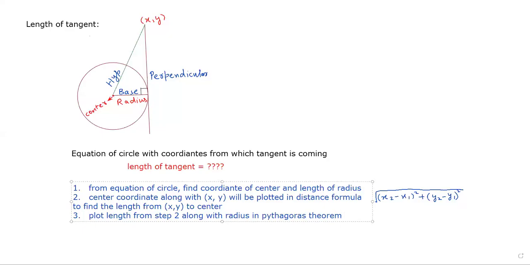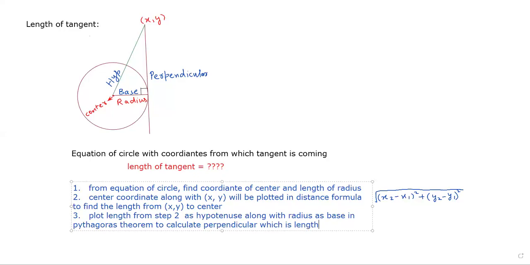I will be putting the value from step 2, this length, as the hypotenuse, along with the radius as the base in the Pythagoras theorem to calculate the perpendicular, which is the length of the tangent.